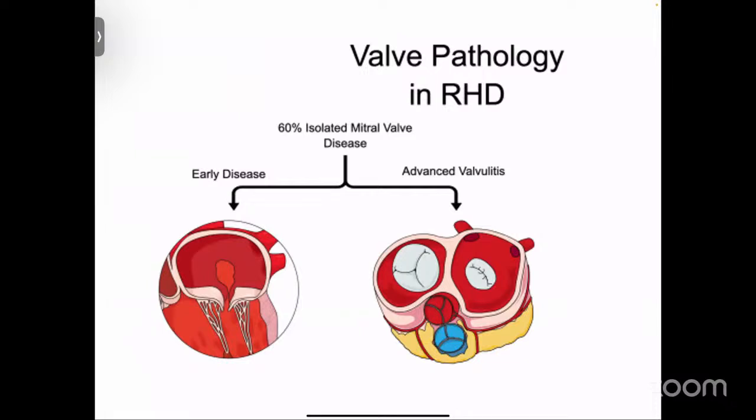Now, during the first episodes of rheumatic fever, which occurs in adolescents around age 9 to 10 years, patients may develop acute mitral regurgitation, which is more frequently related to annular dilatation and prolapse of the anterior and posterior valve leaflet.